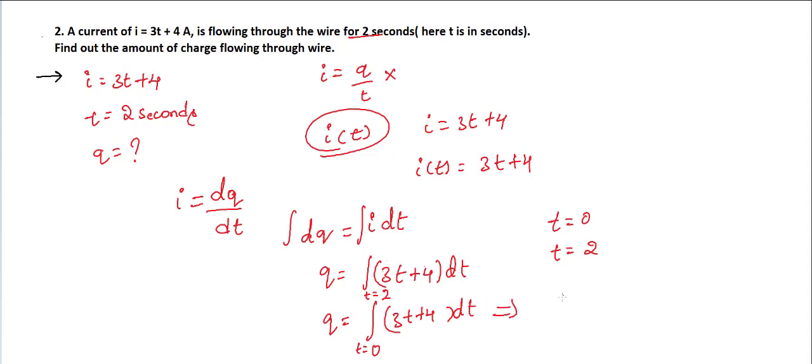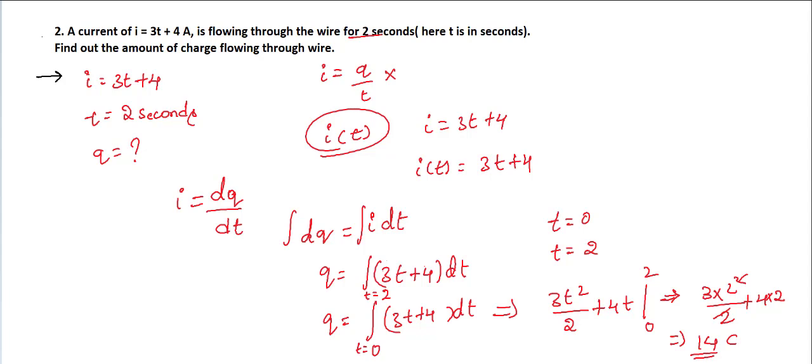So when you integrate this, you get 3t square by 2 plus 4t, from 0 to 2. Substitute the value. What do you get? 3 into 2 square divided by 2 plus 4 into 2. The 2 gets cancelled, 6 will be there, and you will be getting 14.